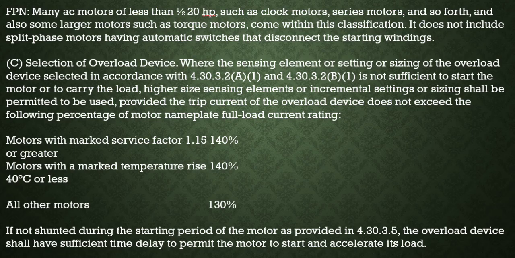And if the standard overload device is not sufficient, larger elements can be used, but the trip current must not exceed this percentage: 140% for motors with a service factor of 1.15 or greater, and 140% for motors with a temperature rise of 40 degrees Celsius or less, and 130% for all other motors.